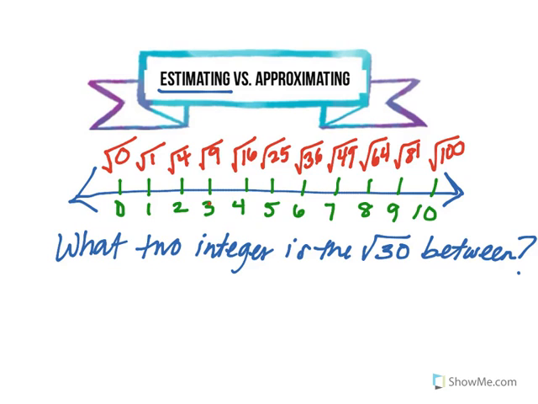So the square root of 30 is between the number 25 and the number 36. So the square root of 30 would be between the number 5 and 6. So when it asks you to estimate what two integers the square root of 30 is between, we would say that it would be between 5 and 6. And that's how you would estimate.